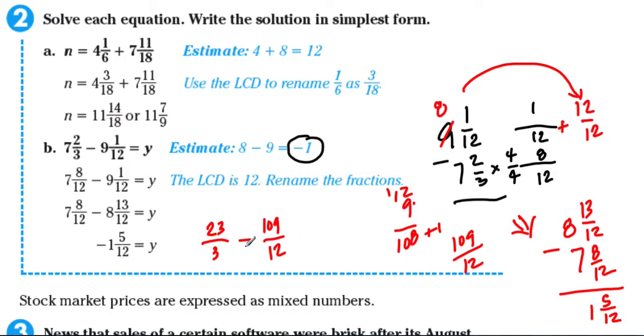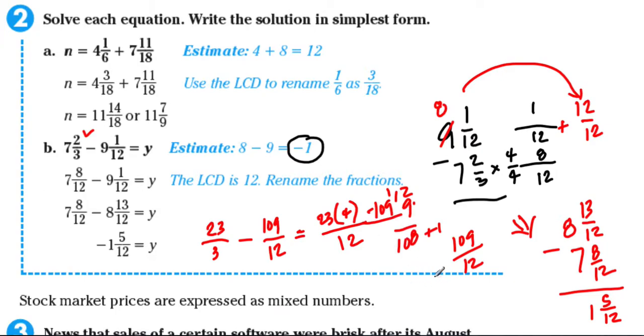But then again, you still have to find the LCD, and in this case the LCD is still 12, and you still multiply the numerator of this fraction this time by 4, and we keep 109.